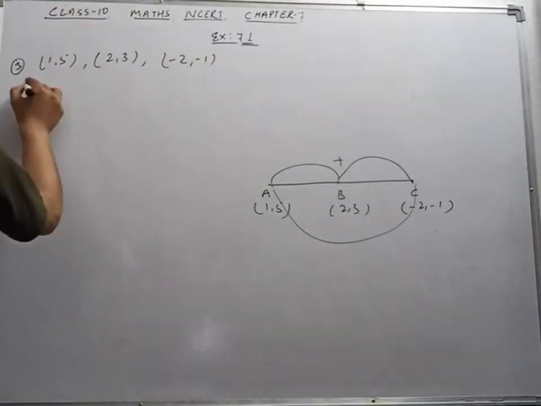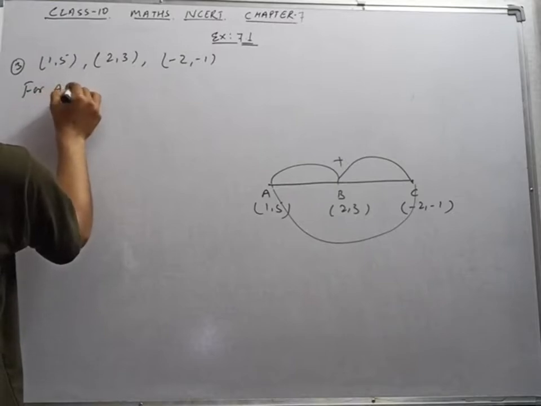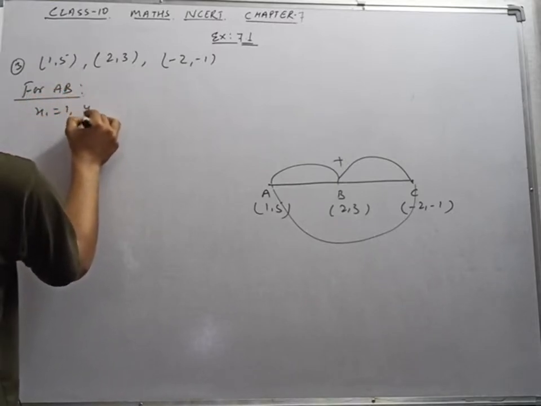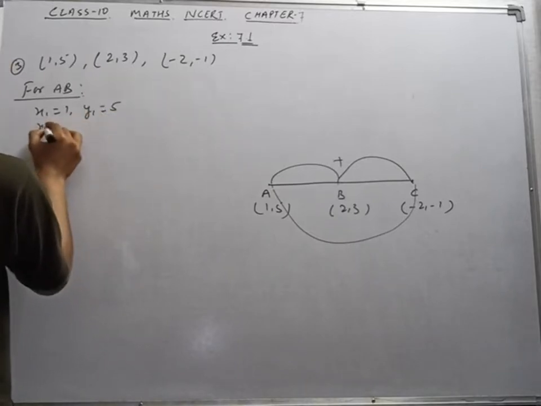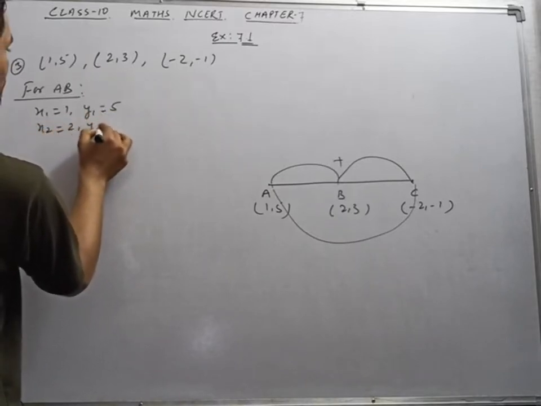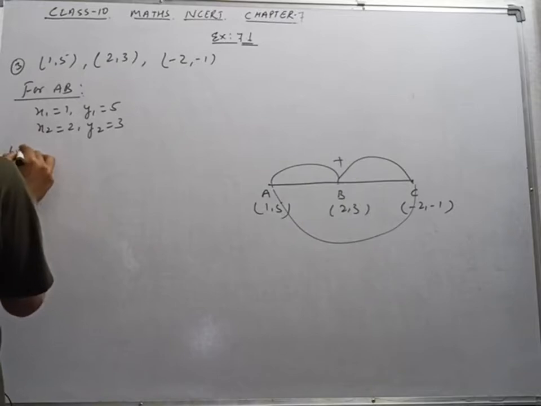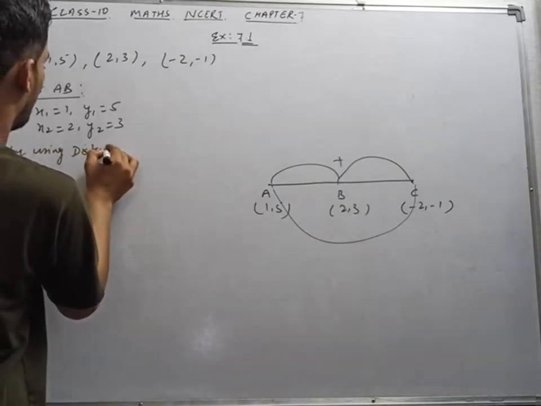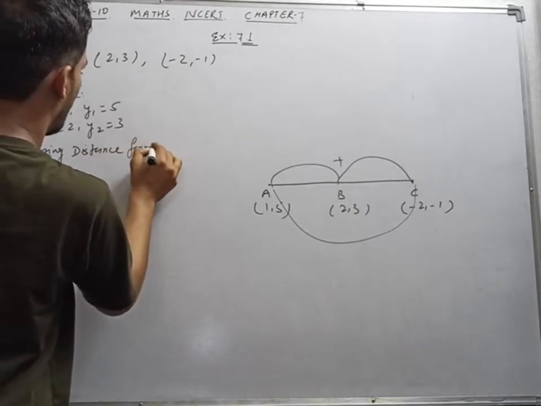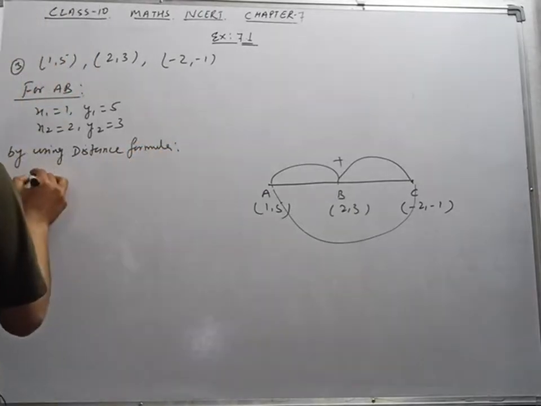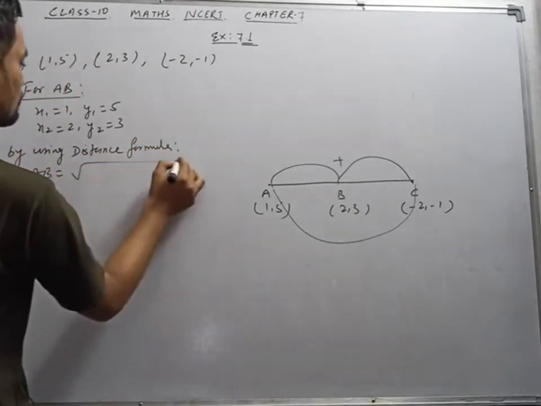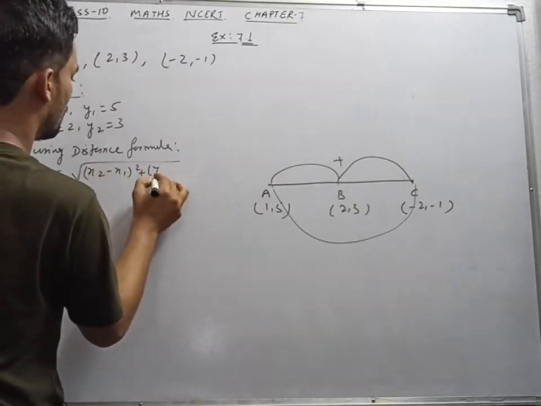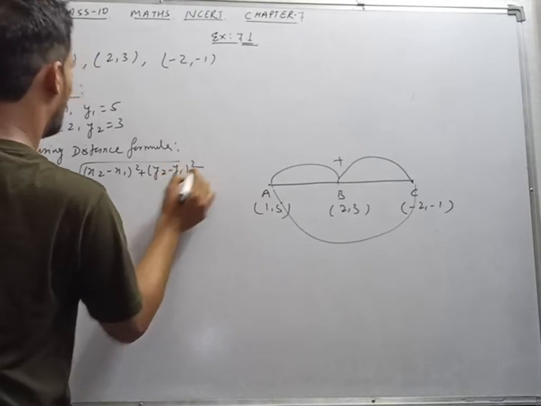So let us take AB first. For AB, x1 will be 1 and y1 will be 5, x2 will be 2 and y2 will be 3. So by using the distance formula, AB is equal to root over (x2 minus x1) whole square plus (y2 minus y1) whole square.